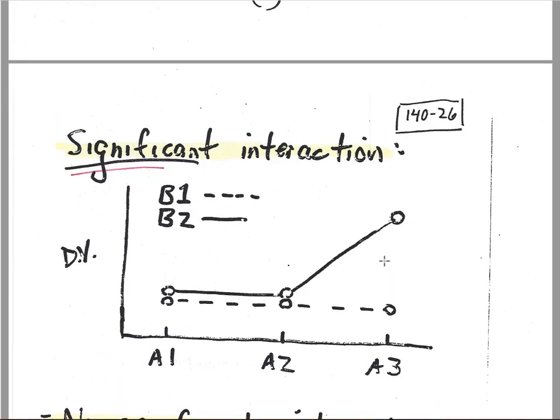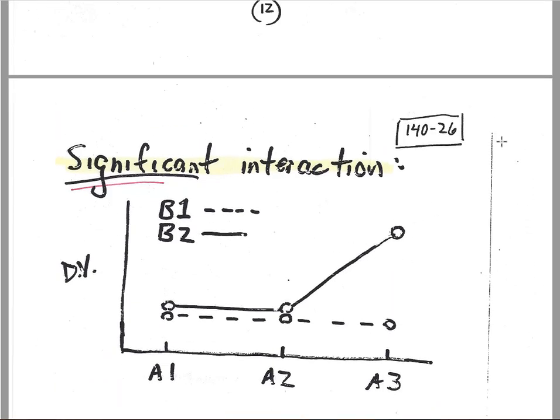Let's get that off screen so we're not confused. Page 140-26, top figure on this page illustrates a statistically significant interaction. Here I have a statistically significant interaction between factor A and factor B. How do I know it's statistically significant? Well, look at the corresponding line segments.